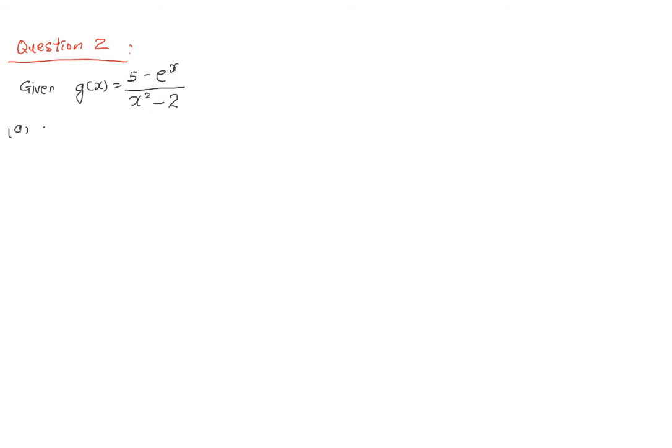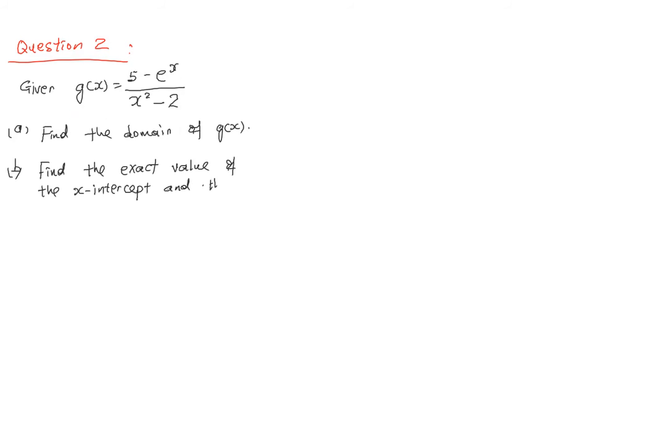So A, find the domain of g(x). B, find the exact value of the x-intercept and the y-intercept. Then C, draw the sign diagram of g(x).